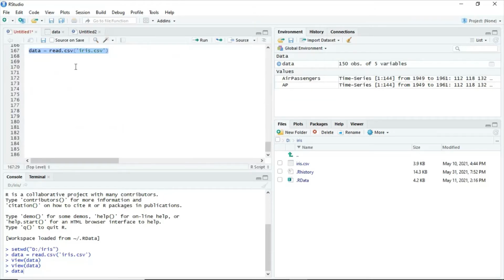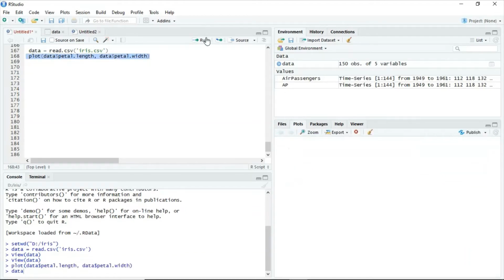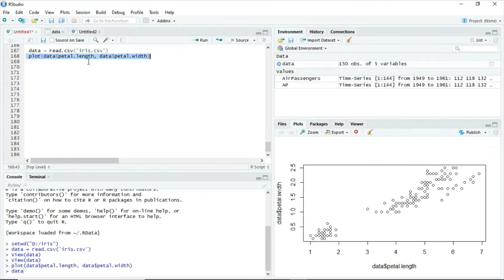Now we have to understand how to plot the scatter plot in the case of Iris, and what kind of analysis we can get from the scatter plot. Let me run this code first. This is the syntax used for plotting the scatter plot.